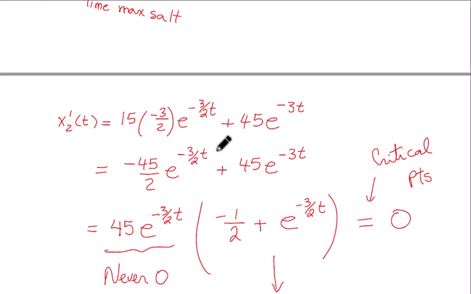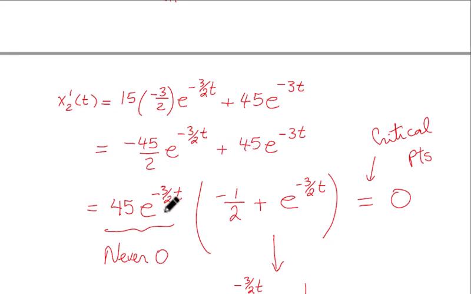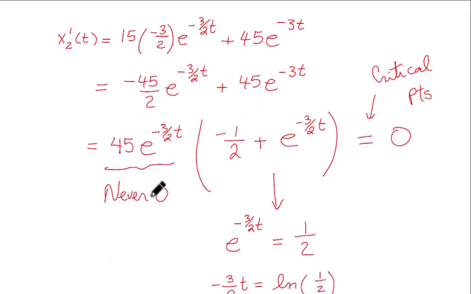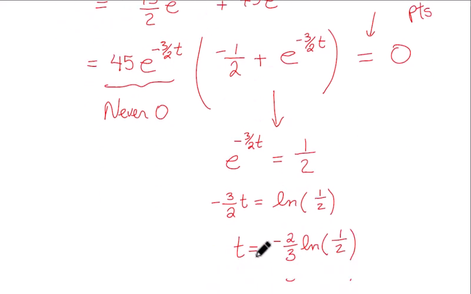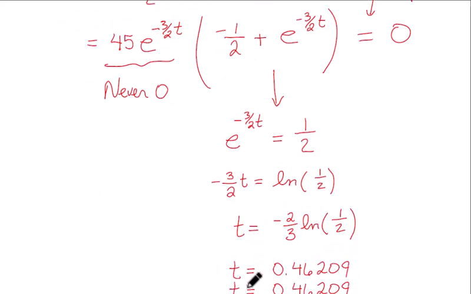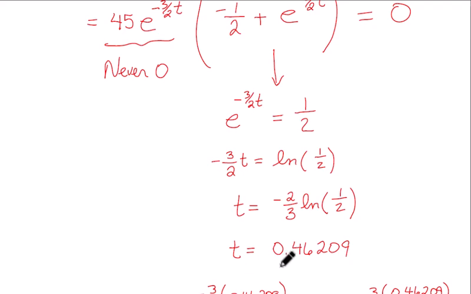It takes a bit of grinding, factor out the common part. This part is never 0, so the only possibility is that the other part is 0. This is an exponential equation to solve, and I can find the time when that happens. So the time is 0.46209. And I kept as many decimals as possible.